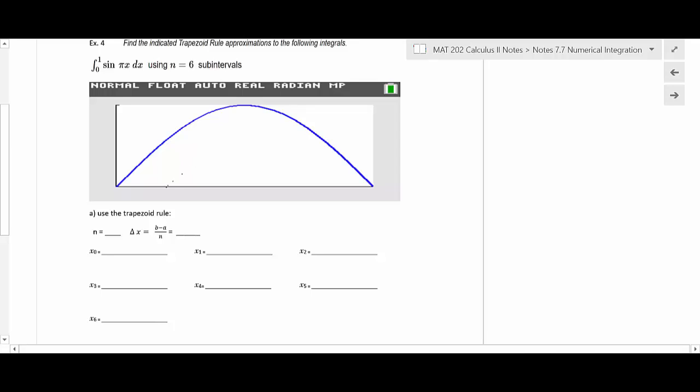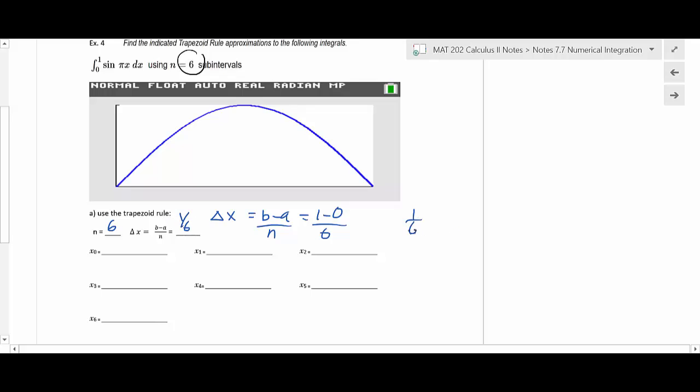We have n subintervals, so we're going to use n equal to 6. What's a and b in this problem? 0 to 1, those are the limits of integration. So delta x is b minus a over n, that's 1 minus 0 over 6, so that gives 1/6.